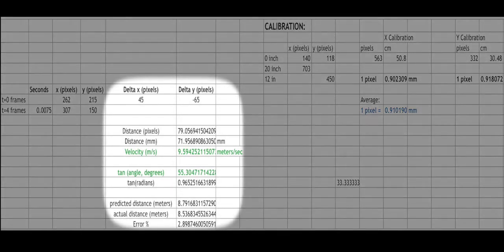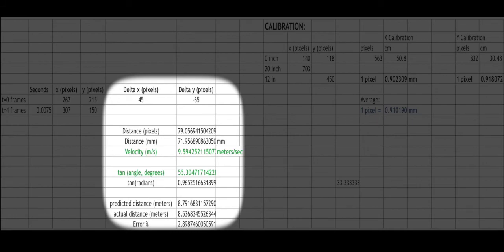So the distance that the ball traveled was 79.05694 in pixels, but in millimeters it was 71.95689. So this means that the initial velocity is 9.59 meters per second. The angle in degrees was 55.3 degrees, and the angle in radians was 0.965.